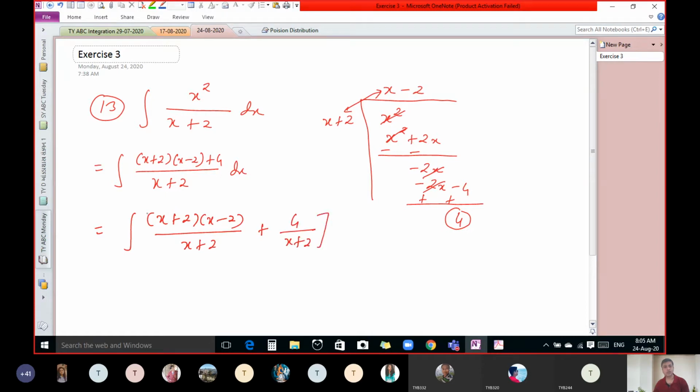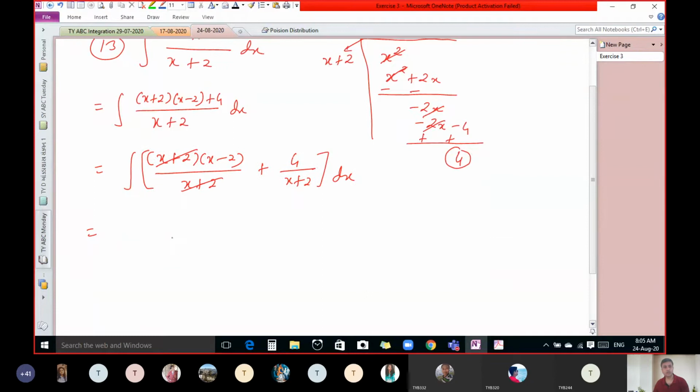You can split like this, and now this x plus 2 will cancel. So the remaining part is integration of x minus 2 plus 4 upon x plus 2. This is the simplified form.